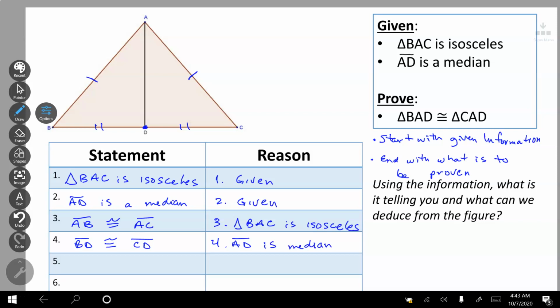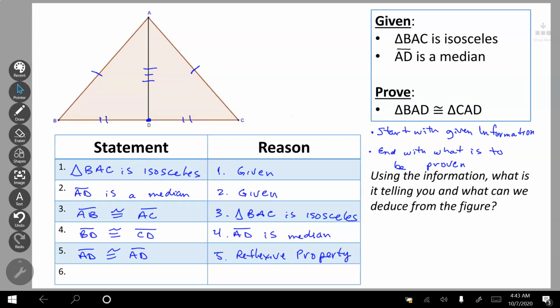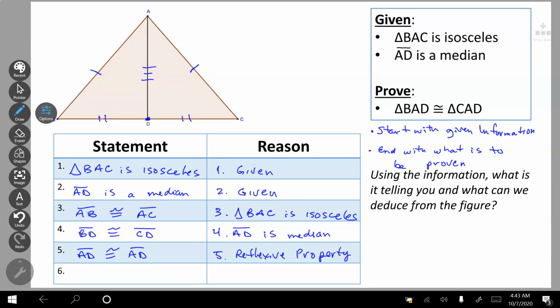Then I need, right here in the middle, AD is congruent to itself. We call this the reflexive property. Anything is equal or congruent to itself. And then we finally have, what are we trying to do?